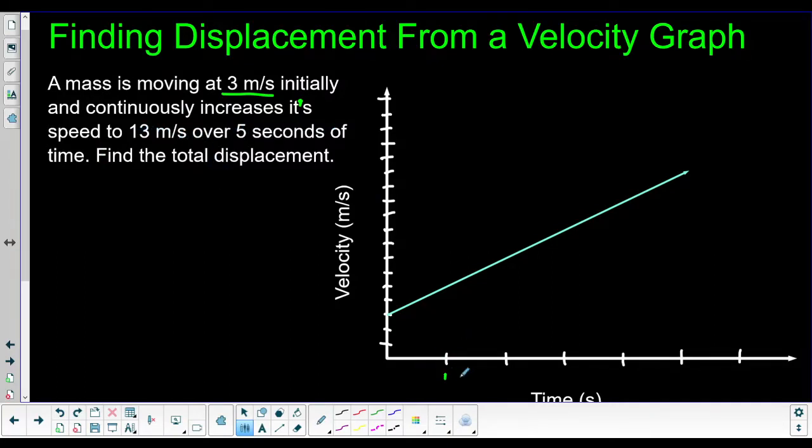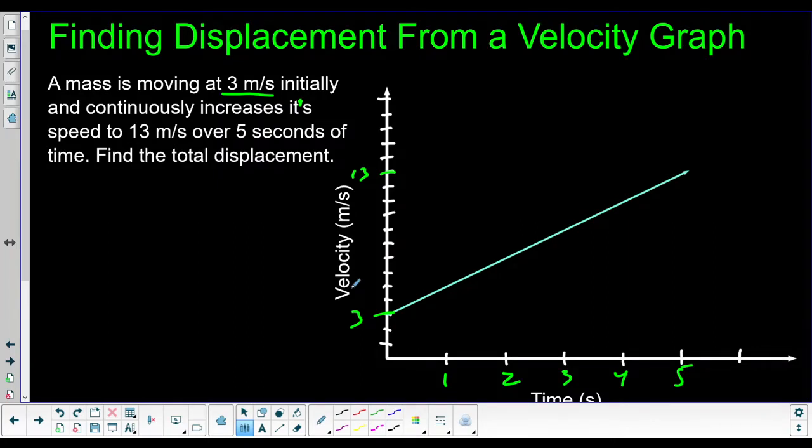So 1, 2, 3, 4, 5 seconds here. We're going to go from 3 meters per second all the way up to 13 meters per second. And I counted these. You can trust me, but you can recount them if you feel like it.